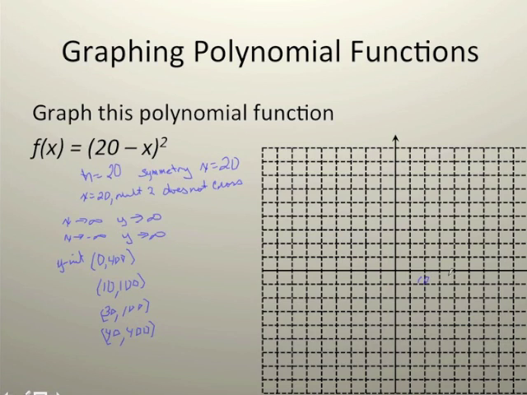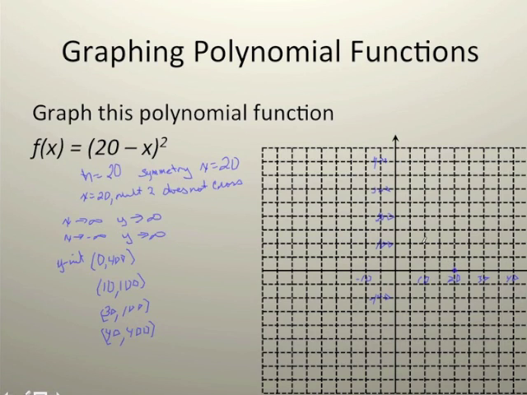Let's number this by 5, so that'll fit all the values I have so far. And 50, 100, 200, 300, 400, those are all going to fit. We have the vertex at 20.